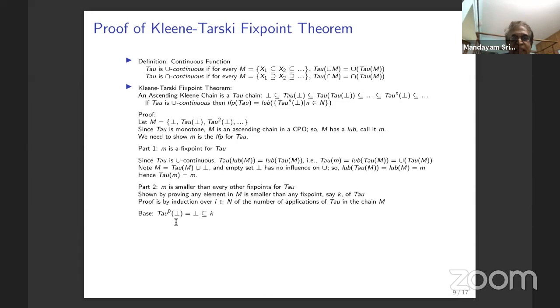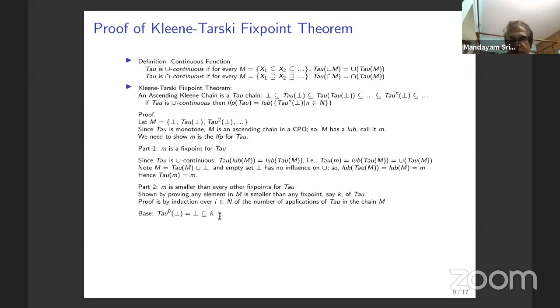So the base case is, recall that I've chosen any arbitrary fixed point K here. The base case corresponds to tau of 0, which is equal to bottom. And since bottom is the least element, it is less than anything.